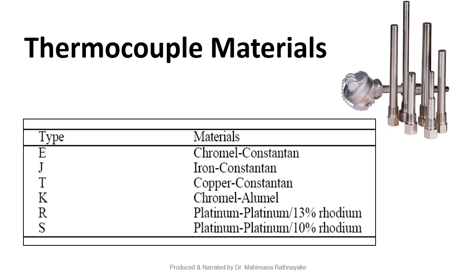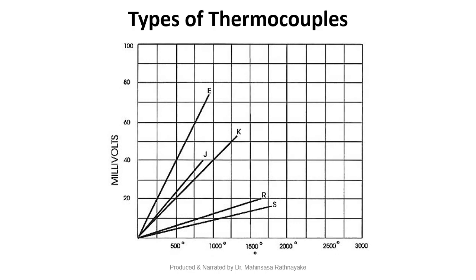If we take the type E, that is chromel constantan junction, and type J is iron constantan. Type T is copper constantan. Like that, there can be several thermocouple materials.